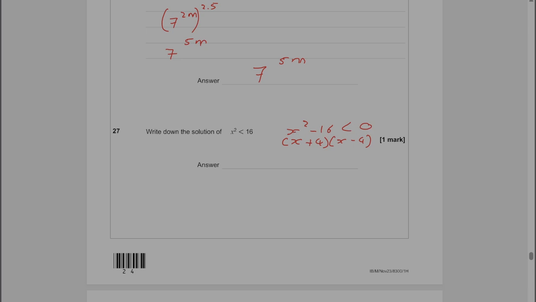So if we plot the graph very roughly of x squared minus 16, we're going to have our two solutions of minus 4 and 4. And we're after the section where the graph is less than 0. So we're trying to describe this section here. So we'd be looking for minus 4 is less than x, which is less than 4.